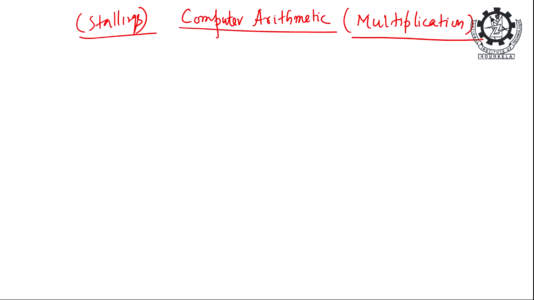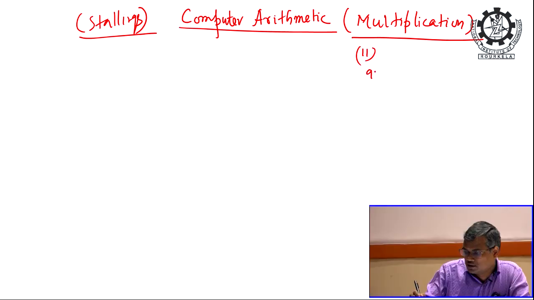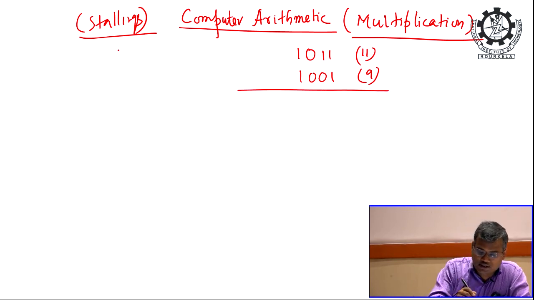Let us say we want to multiply 11 and 9. 11 is 1 0 1 1, 9 is 1 0 0 1. We need to multiply using the traditional pen and paper method.